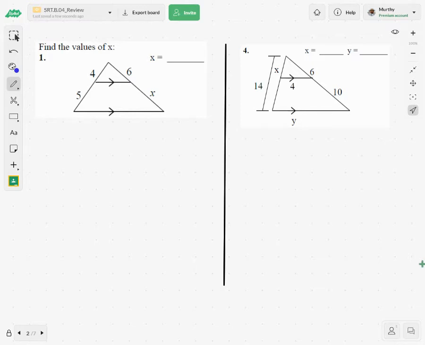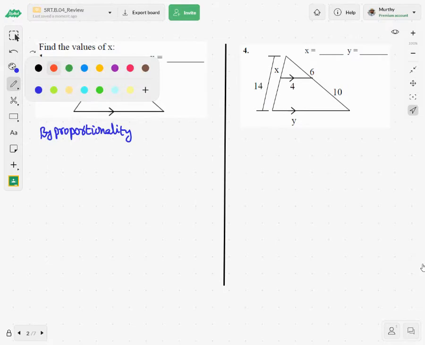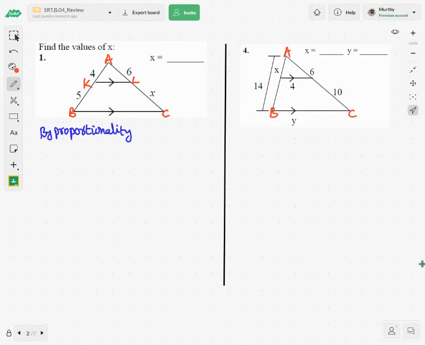Okay, so by proportionality, here it is not labeled, so let me label them as A, B, C, and K, L. Let me name the other triangle also ABC, K, L.